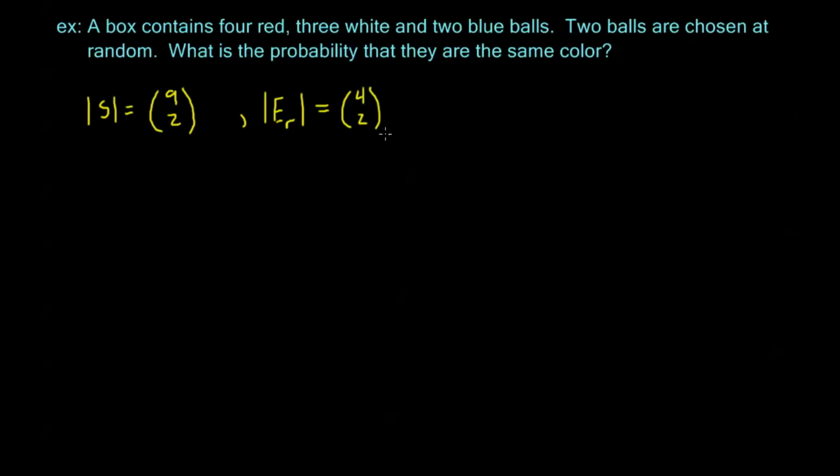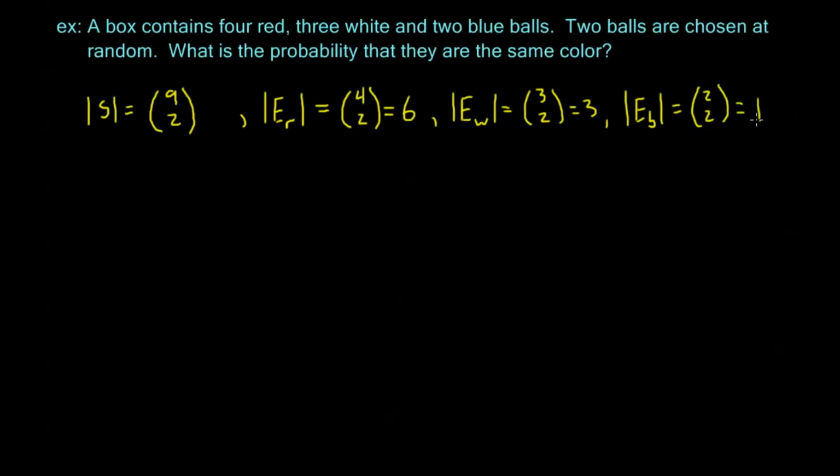I have 4 red balls, so 4 choose 2 gives me all the possible number of ways that I can choose 2 red balls. And 4 choose 2 is 6. Let's have E sub w be my event space for choosing 2 white balls. That's going to be 3 choose 2, which is 3. And let's let E sub b be the event space where I choose 2 blue balls. I only have 2 of them, so that's 2 choose 2, which is 1. There's only one way to choose 2 blue balls if I only have 2 blue balls.